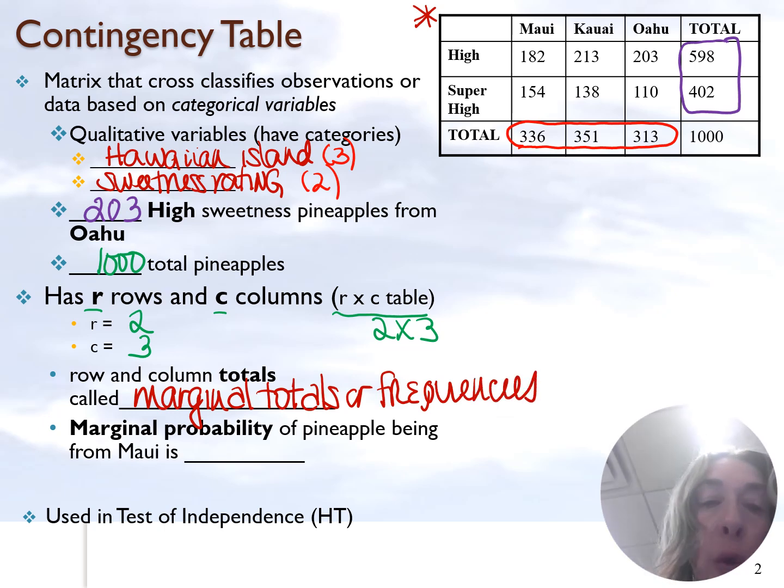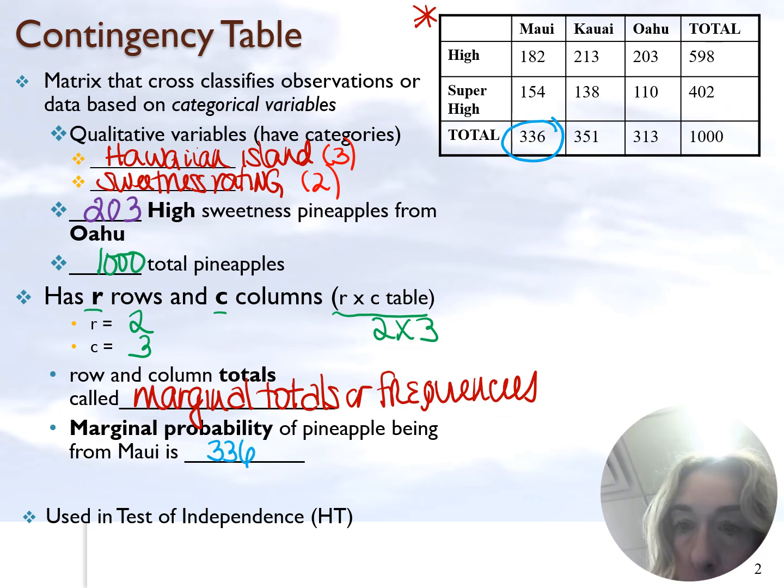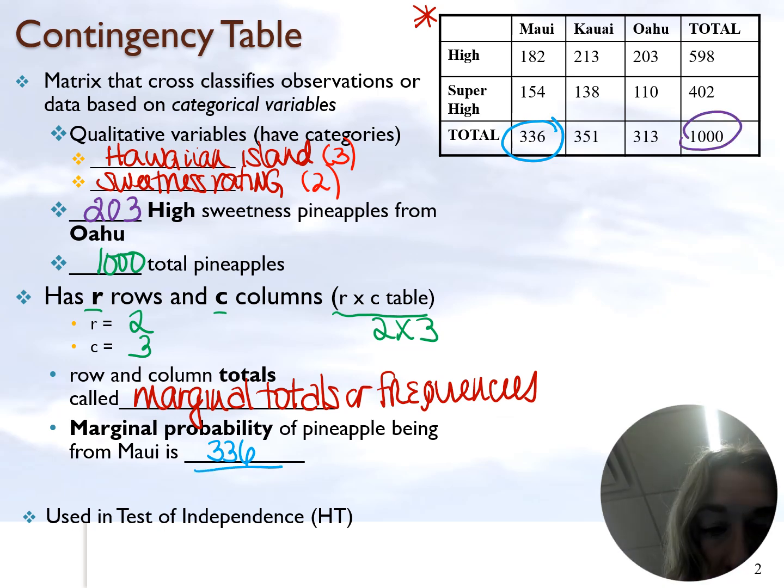So the marginal probability of a pineapple being from Maui with this data set is, we would take the marginal total associated with Maui of 336, divided by the total number of pineapples in the data set of 1,000. That would be the marginal probability associated with a pineapple being from Maui in this example.